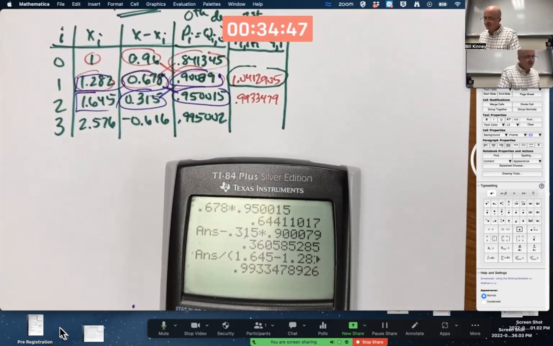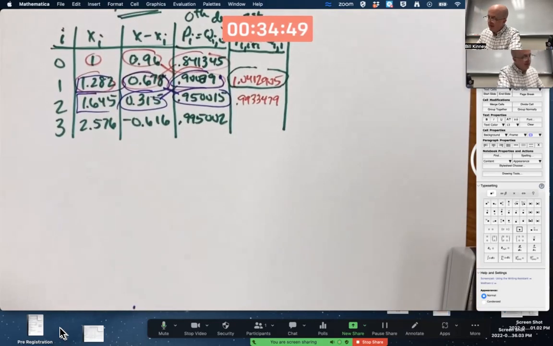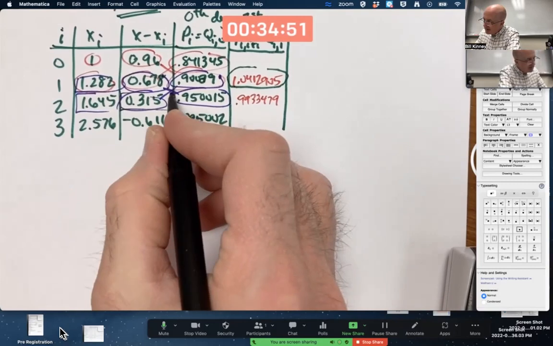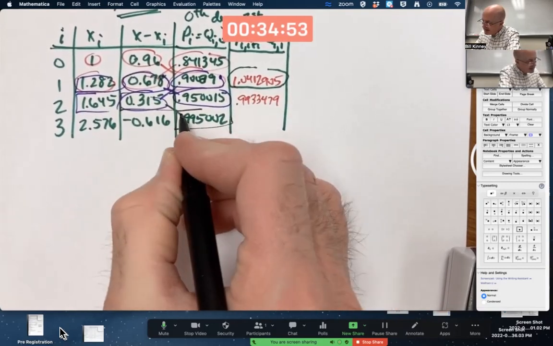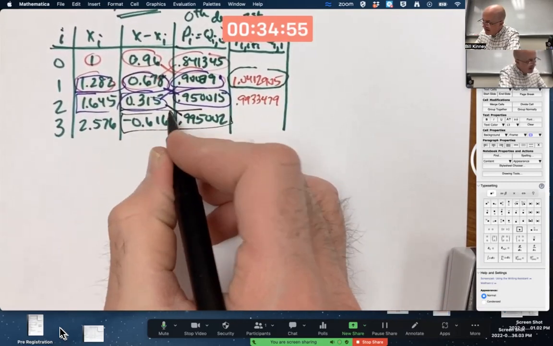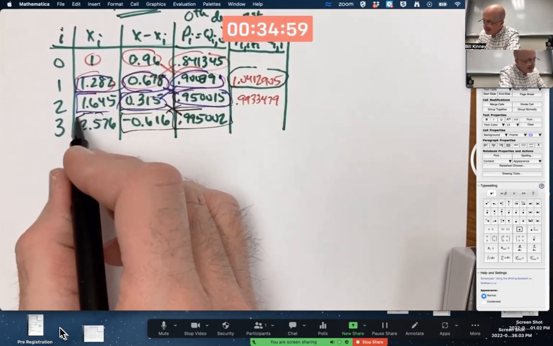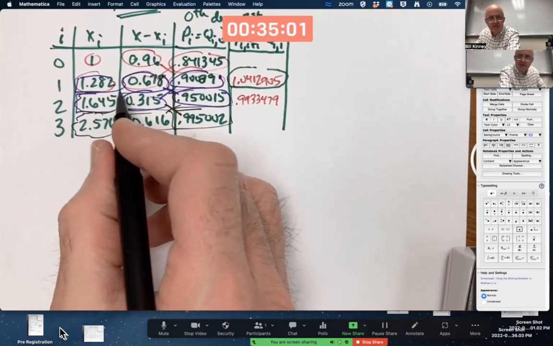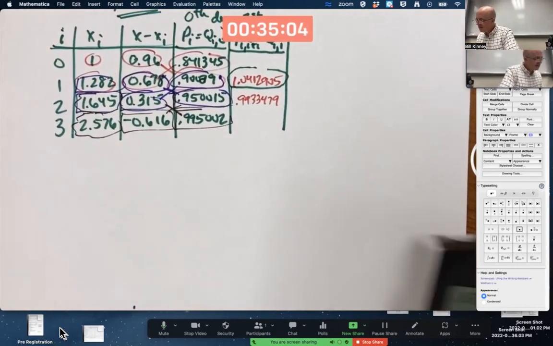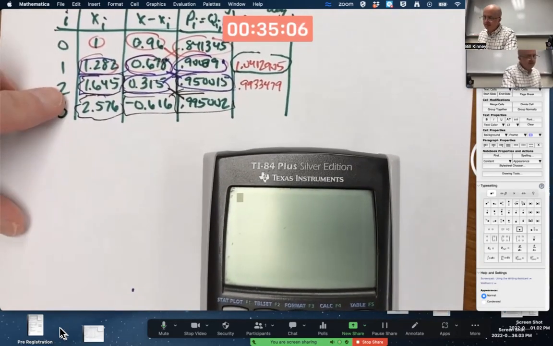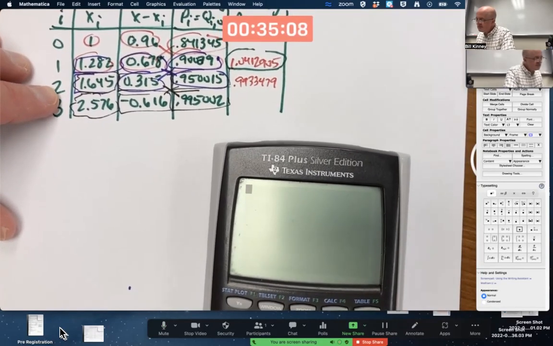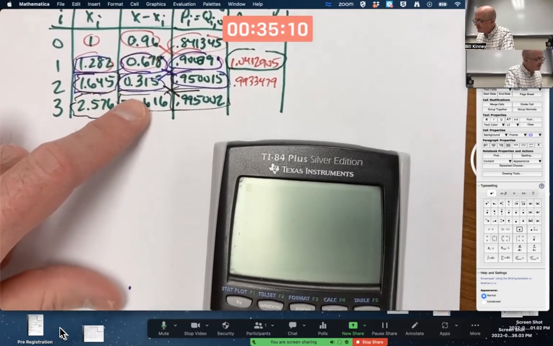One more to do. Copy and paste the formula downward. So we do this times this. Then this times this minus this times this. All divided by this minus this. This should be the closest answer.